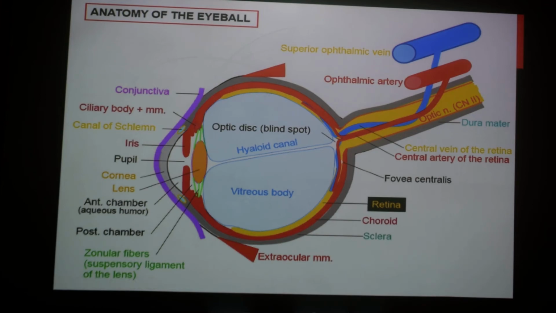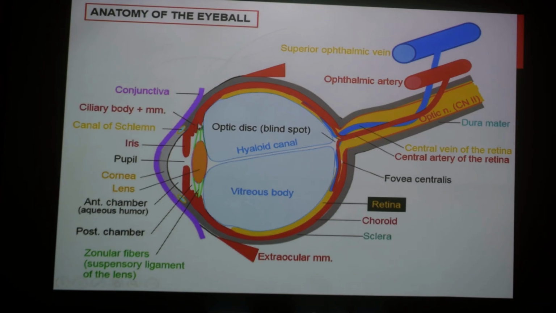You are seeing the ciliary body in a cross section here, so it looks like a triangle shaped structure, but it is not triangular, it is more of a circular structure. It's all around the eye. So it's a circular structure, but in a cross section it looks like a triangular structure.